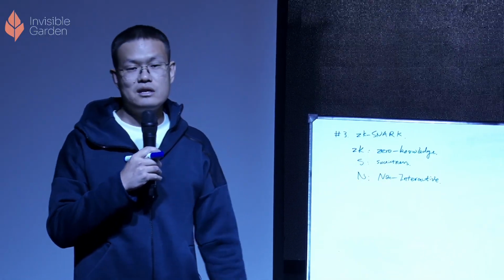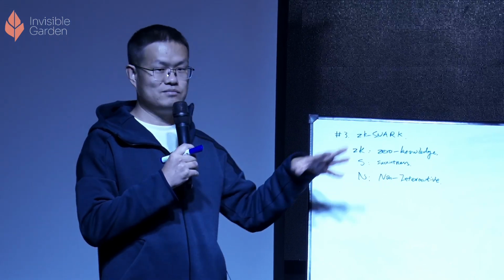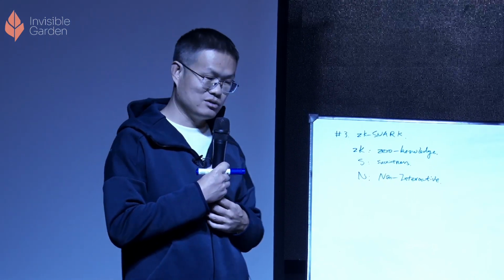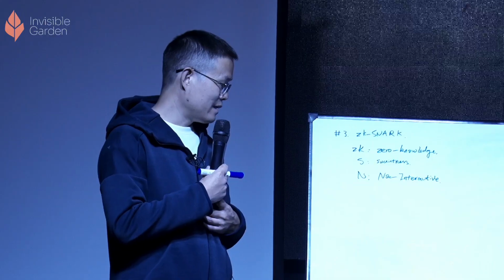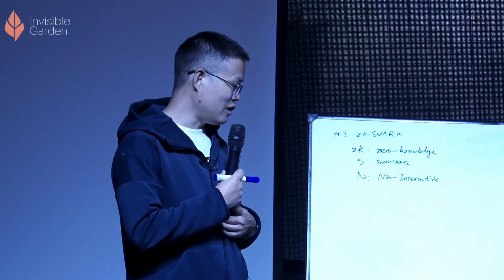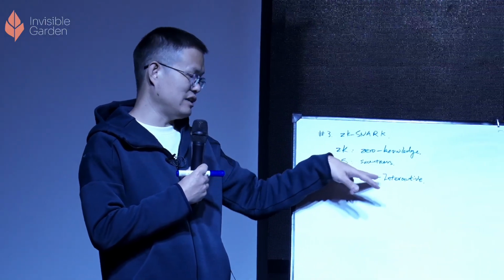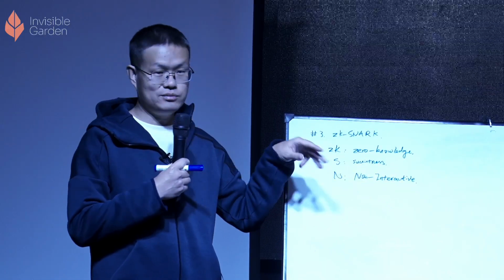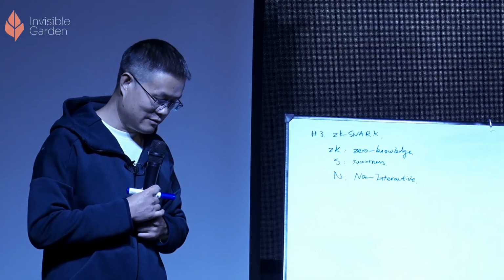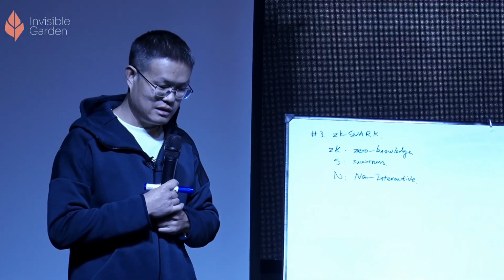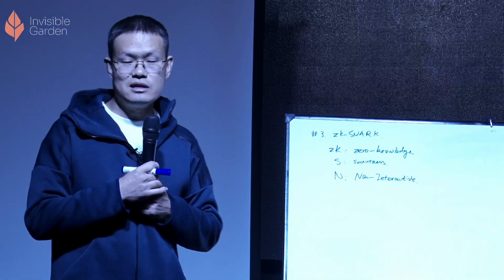So N means non-interactive, and it is so important. But there are some proofs which don't fall into non-interaction. They are called interactive proofs, for example ZK-TLS.